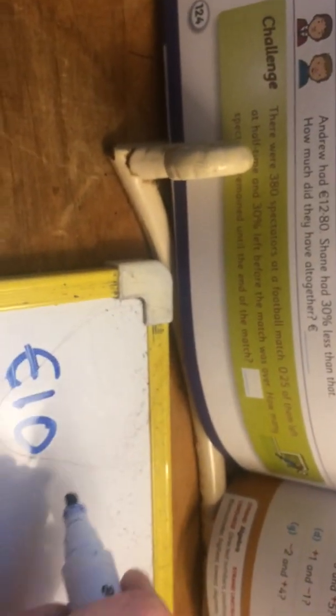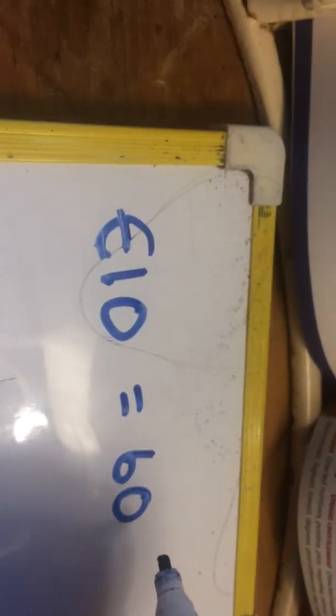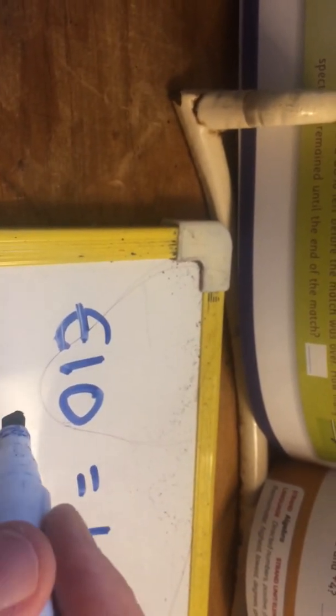So 10 euros is equal to 60 minutes. How are we going to work this out? Let's see. So 10 euros was 100% really.